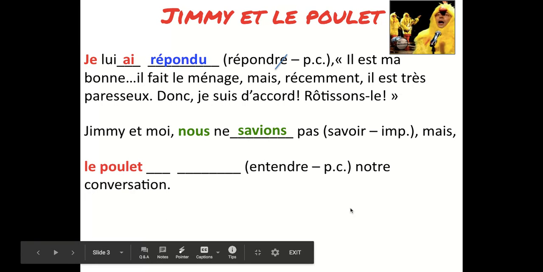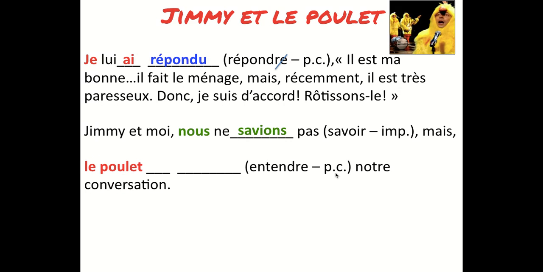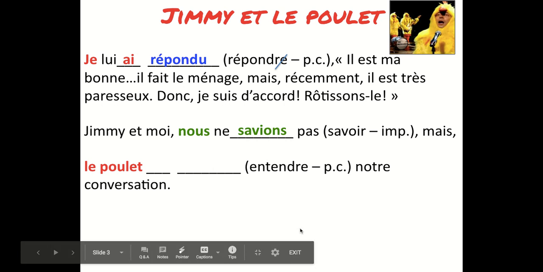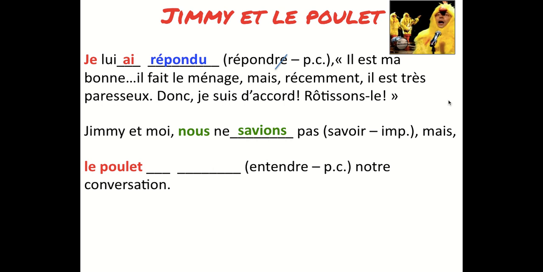Ok, phrase suivante. Vous conjuguez le verbe entendre au passé composé avec le sujet le poulet. Okay, le poulet, that is one singular thing or person, I guess, if you want to think of him as a person.